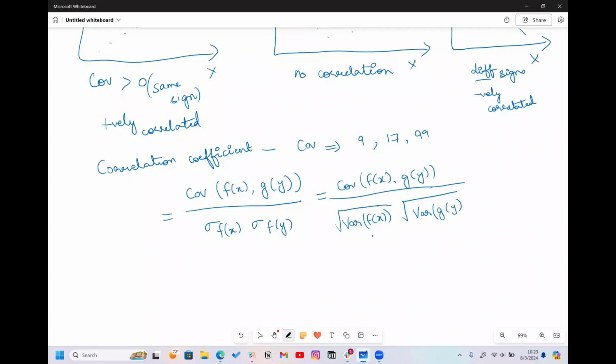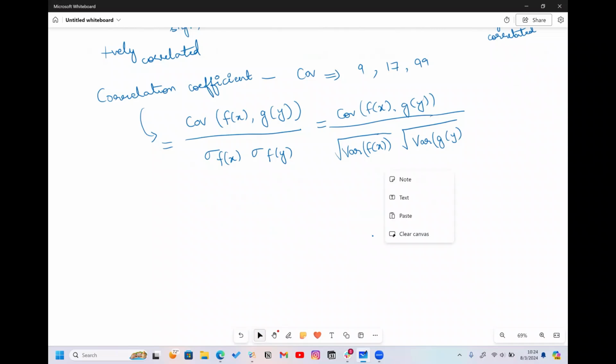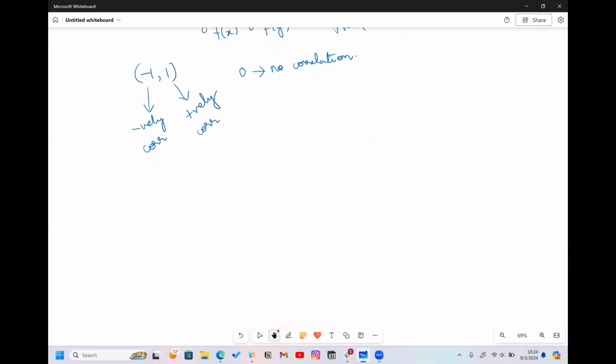So this is the correlation coefficient where we are comparing the variables, and since we've standardized it, the range is between -1 and 1. If it is -1, it is negatively correlated. If it is +1, positive correlation, and if it is 0, no correlation. So that's the correlation coefficient.